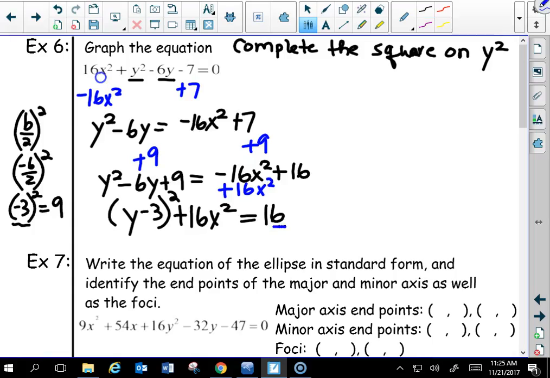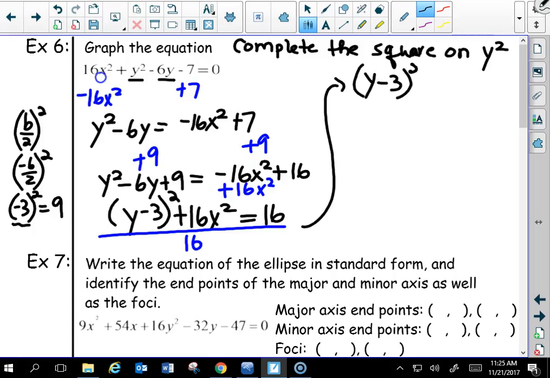So now what I'm aiming at is I need a 1 on the right-hand side. So I'm going to divide everything by 16 to get the 1 on the right-hand side to make sure it's in standard form. That gives you y minus 3 squared divided by 16, and that just leaves me the x squared. And I'm going to put that over 1 to make it a fraction, and that's equal to 1.